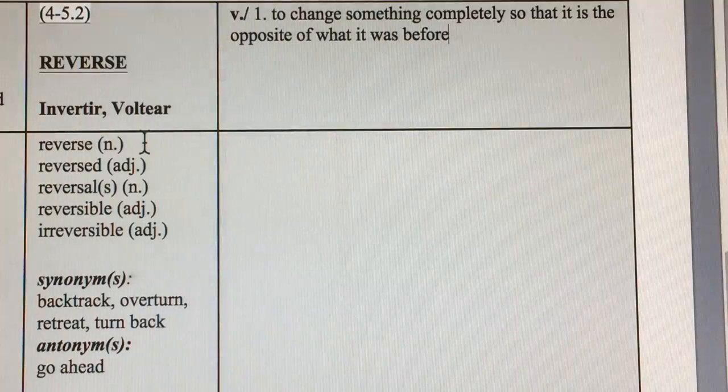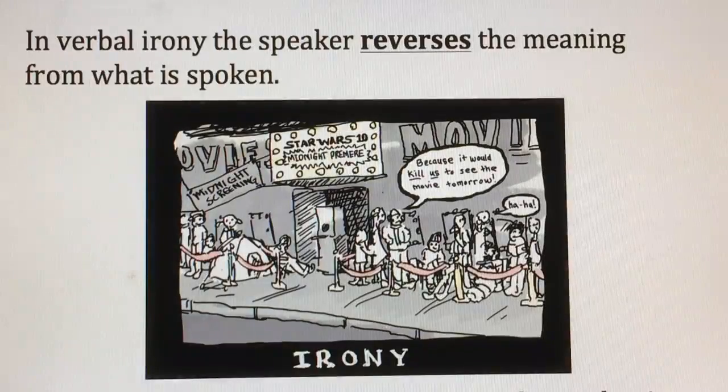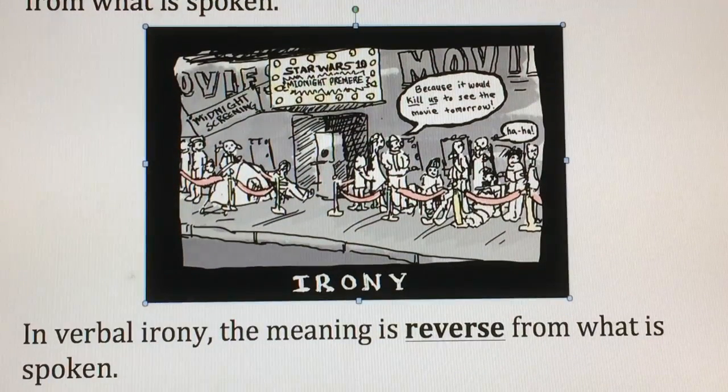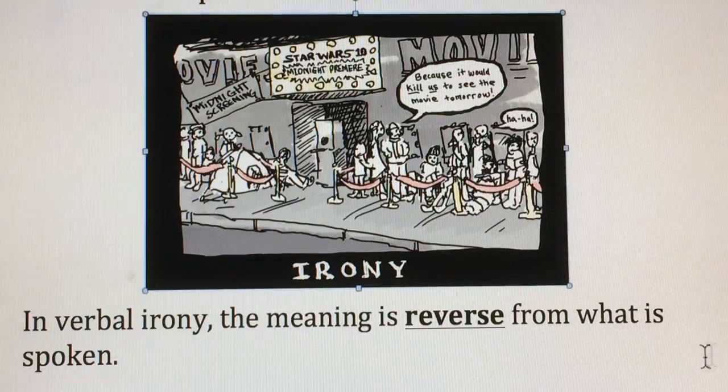The noun form, reverse, also has the same pronunciation. It's just describing the change itself. So in our same example, we can simply say, in verbal irony, the meaning is reverse from what is spoken, the opposite.